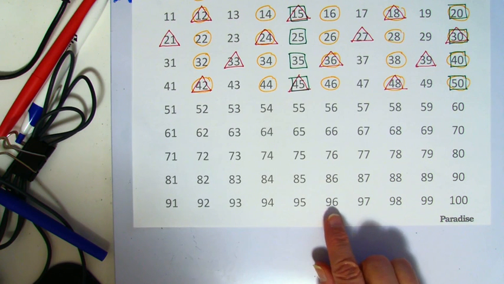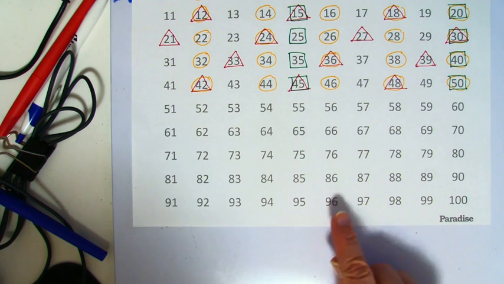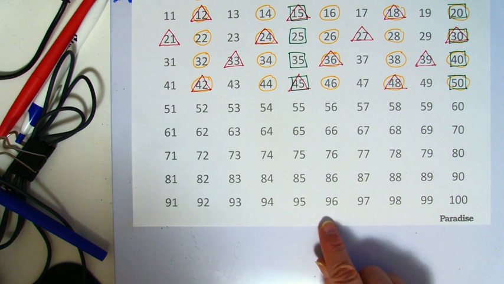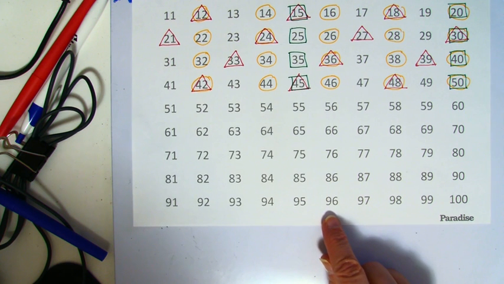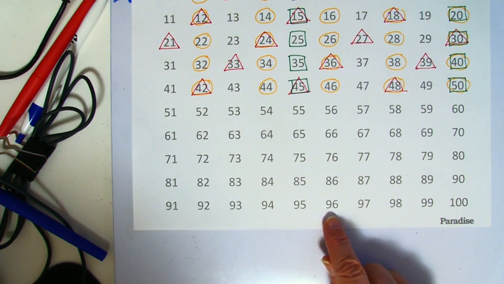Well, 9 plus 6 is 15, and I know that 15 is divisible by 3. So this would have both a circle and a triangle surrounding it if I were to continue drawing out the patterns. So 96 is divisible by 6. Of course, I could just divide 96 by 6 to determine whether that is divisible by 6 or not. But it is nice to know tricks.